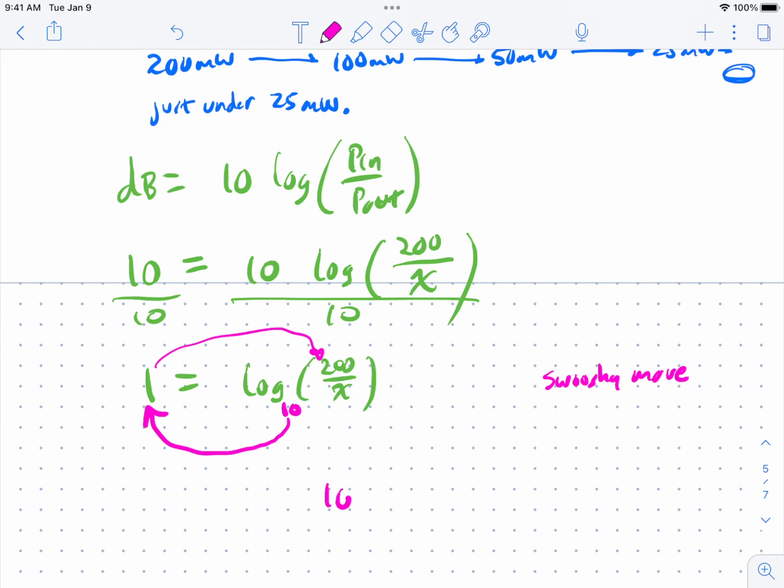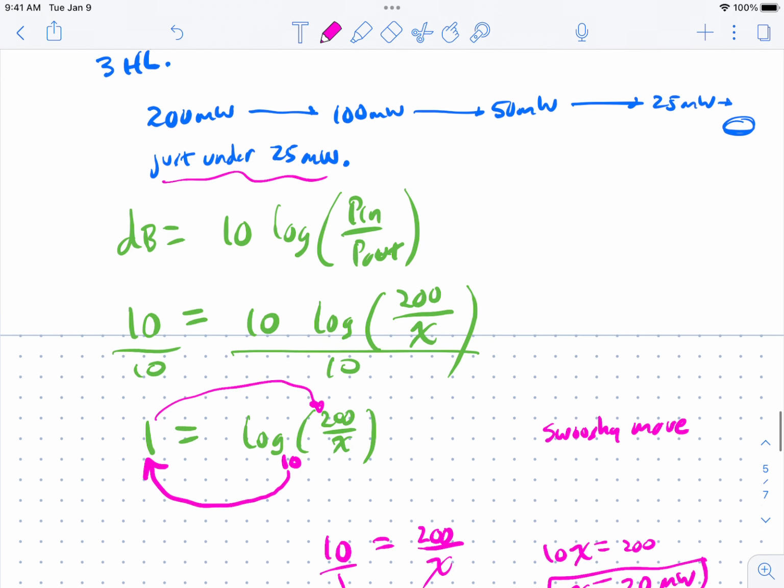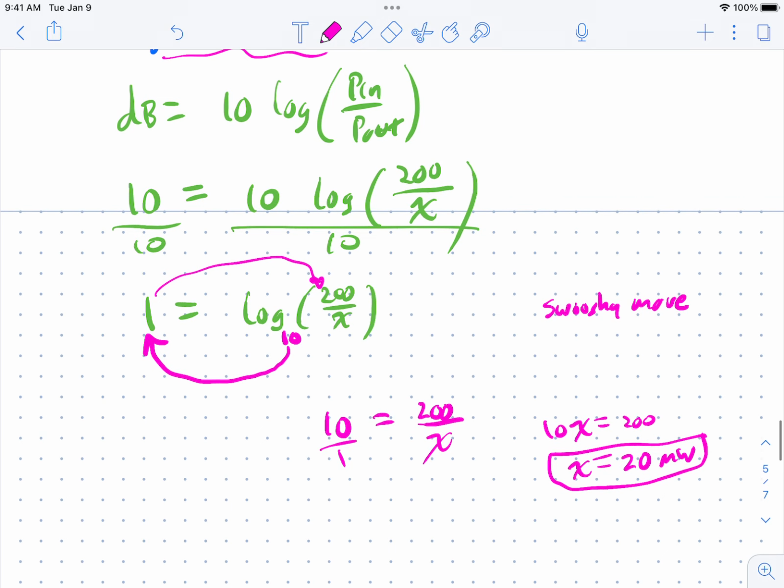Well, 10 to the 1 power is 10. Solve that for x. So this is like 10 over 1. Cross products: 10x equals 1 times 200. Divide both sides by 10. Turns out it comes out to exactly 20. Who'd have thunk it? We were expecting a little under 25. We got 20. This is beautiful.